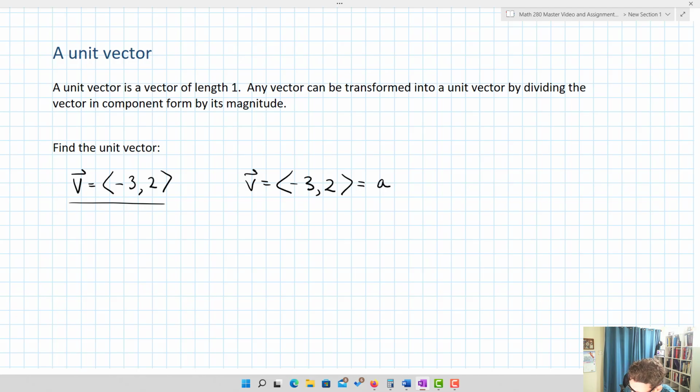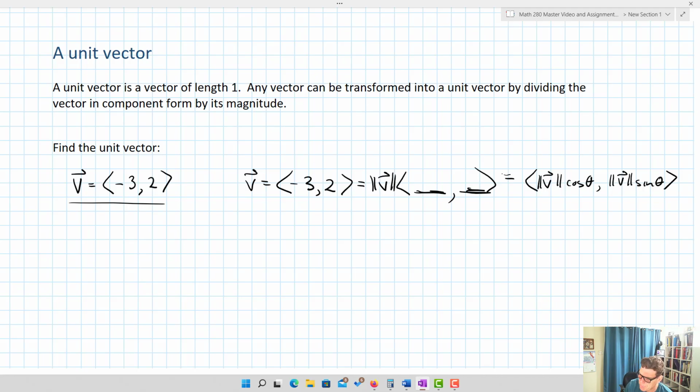That scalar a is actually the magnitude of v, times some other vector, which is equal to v cosine theta and v sine theta. We actually saw that before when we were working with trig.